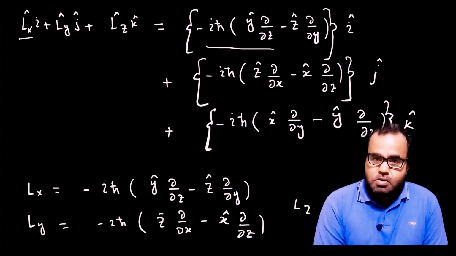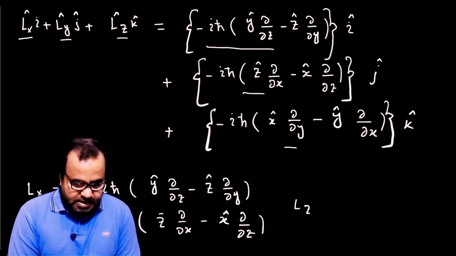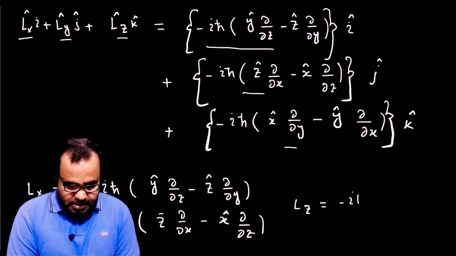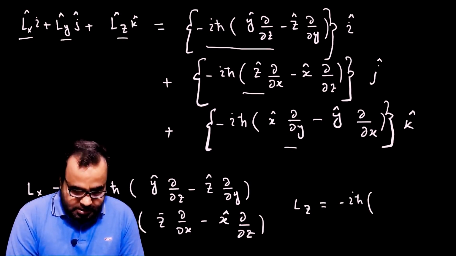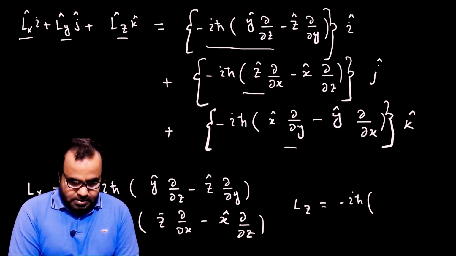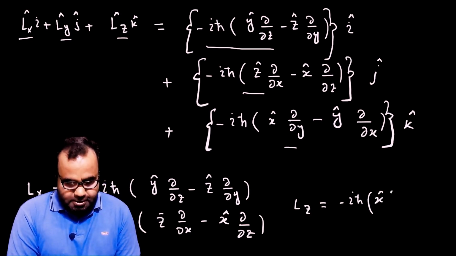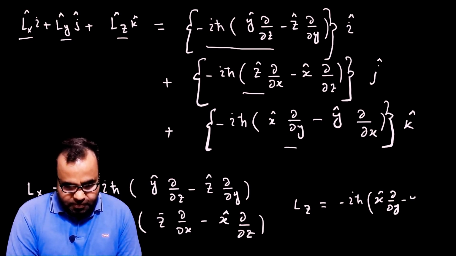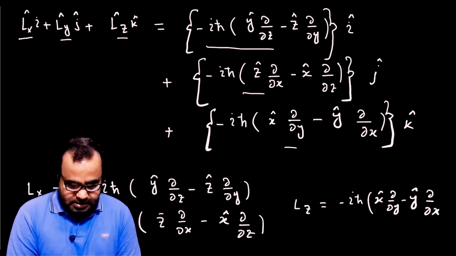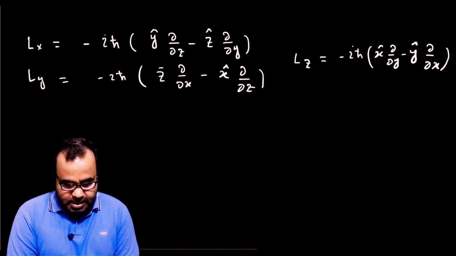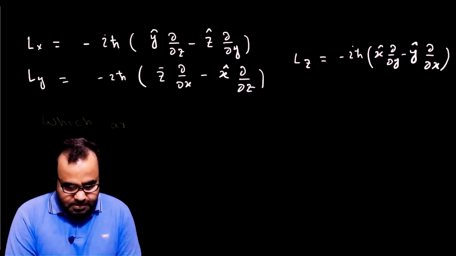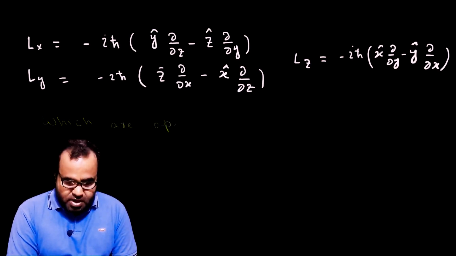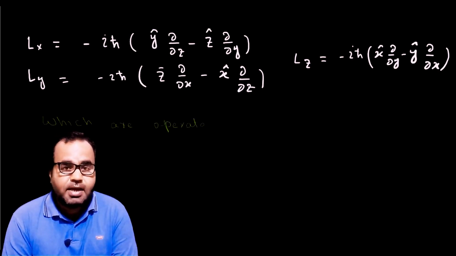Ly is equal to minus iota h cut, z partial over partial x minus x partial over partial z, and this is Lz, the component of the k unit vector. On the left hand side it is Lz, and on the right hand side it is minus iota h cut, x operator partial over partial y minus y operator partial over partial x.